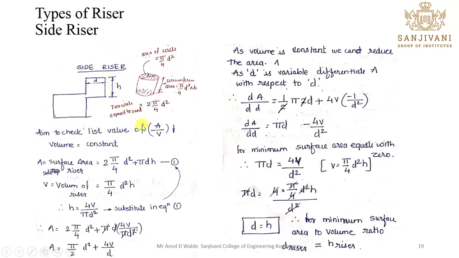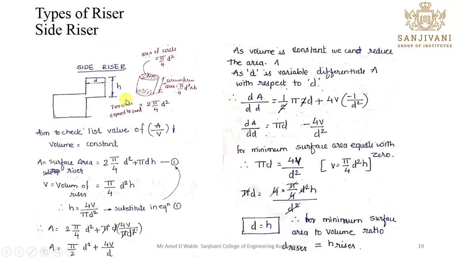We require the surface area to volume ratio of the riser to be low, and only then will the solidification time of your riser be more, and you can achieve directional solidification. This is our main condition. In the exam, many times they ask to compare the side riser and top riser, or how to design a side riser.